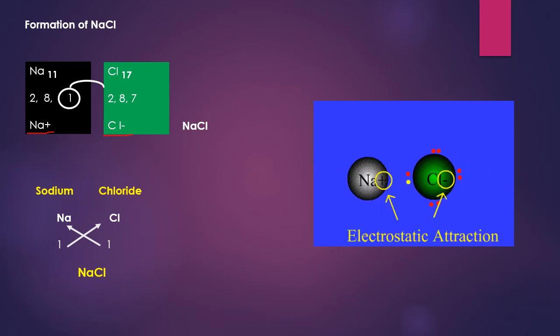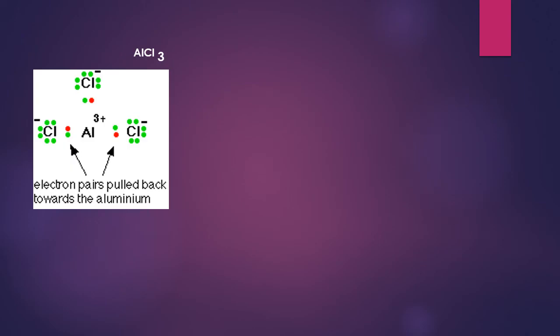So now let us move to the next slide, and that is formation of AlCl3. Aluminium, the atomic number is 13. Electronic configuration 2, 8 and 3. Fine. Now here you can see there are 3 electrons with aluminium.